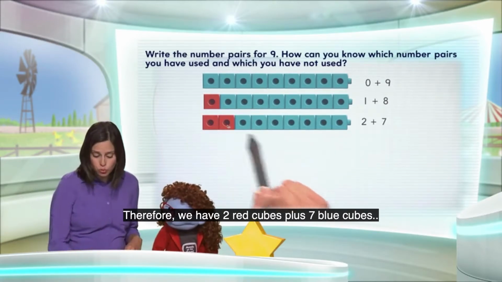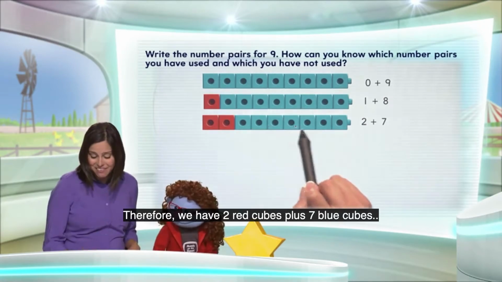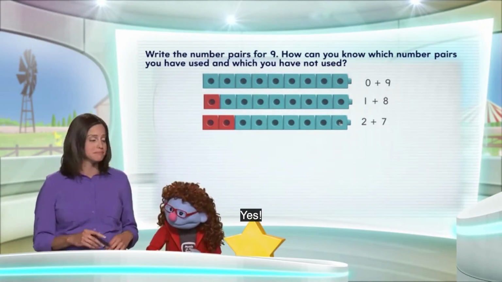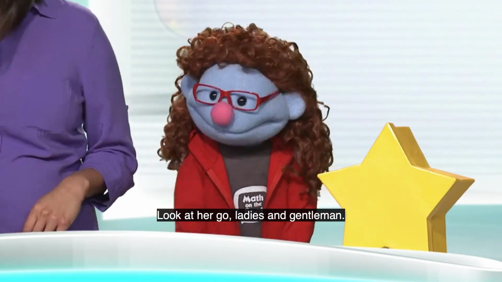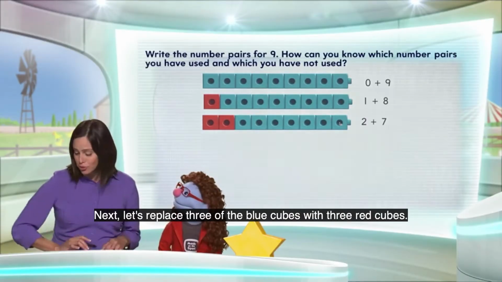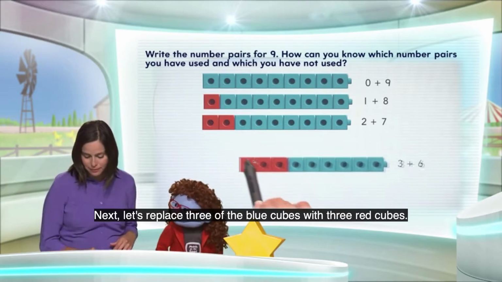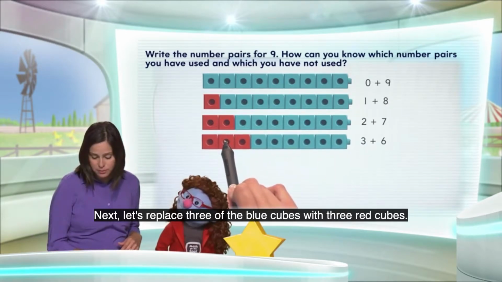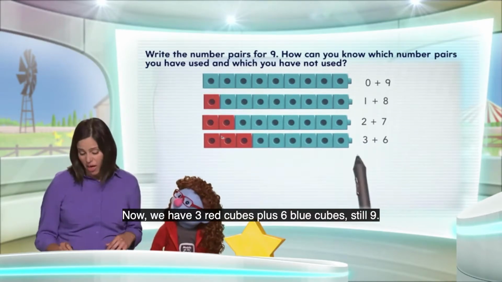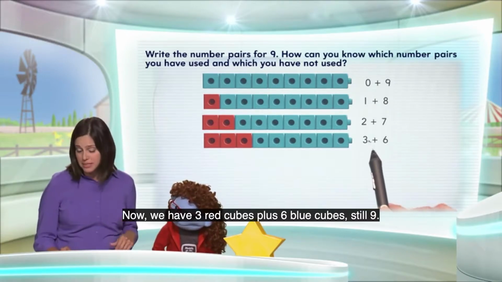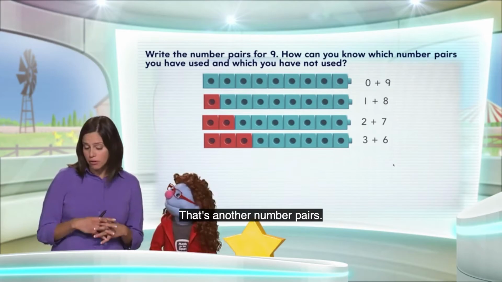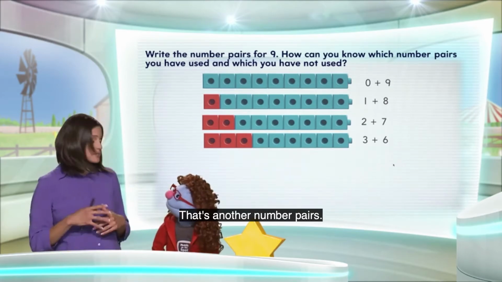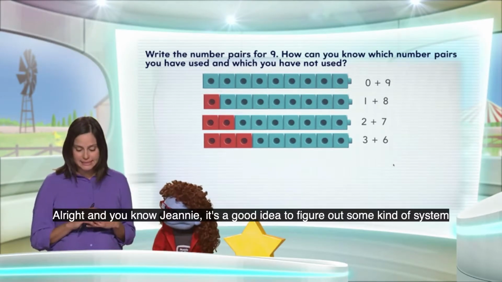Therefore, we have 2 red cubes plus 7 blue cubes. Still 9. Next, let's replace 3 of the blue cubes with 3 red cubes. Now we have 3 red cubes plus 6 blue cubes. Still 9. That's another number pair.